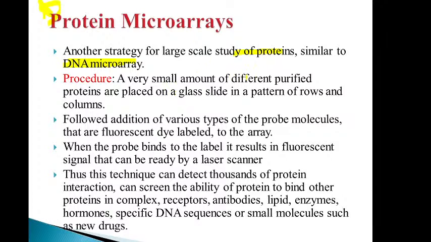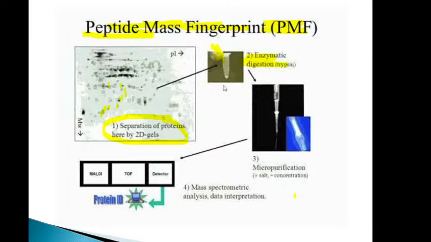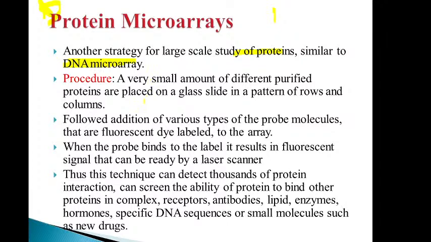A very small amount of different purified proteins are placed on a glass slide in a pattern of rows and columns. So what we are doing in this microarray is using small amounts of purified proteins placed on a glass slide in a pattern of rows and columns.